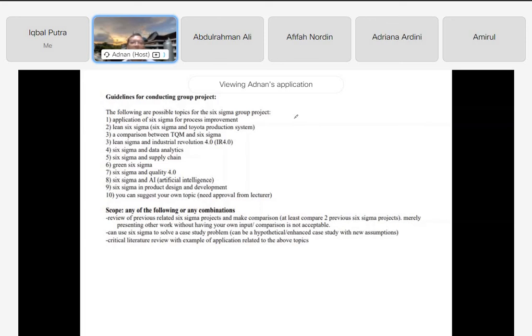Based on what you have learned, you compare two studies done by others and make your own original comparison. We don't accept totally copying from others. If you analyze previous studies by comparing project A to project B that have been done by others, you make suggestions on how this study can be further improved.